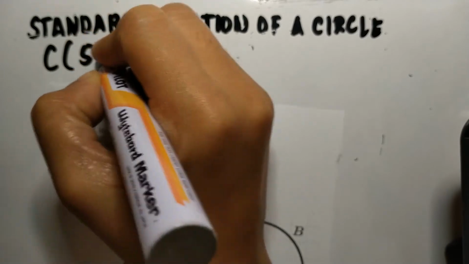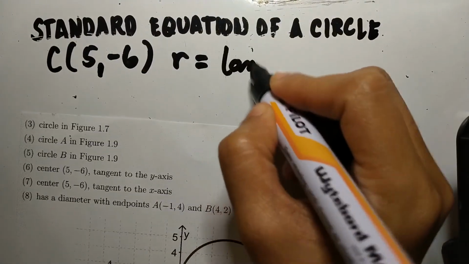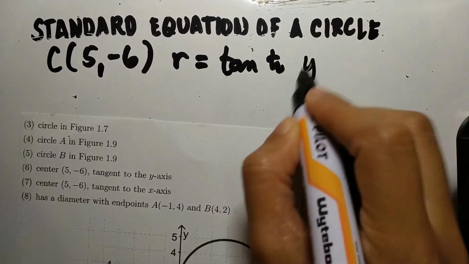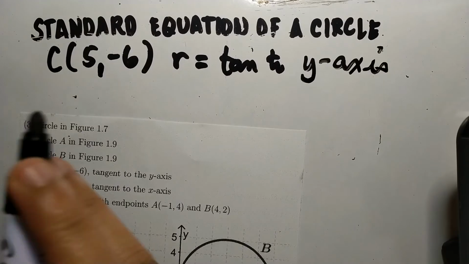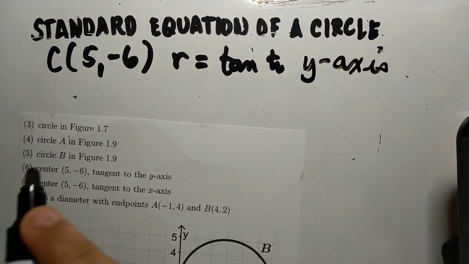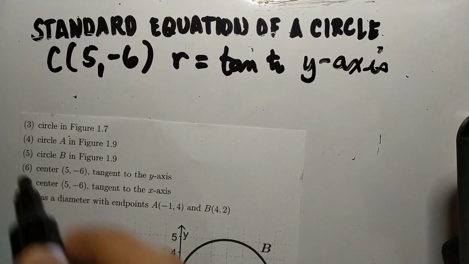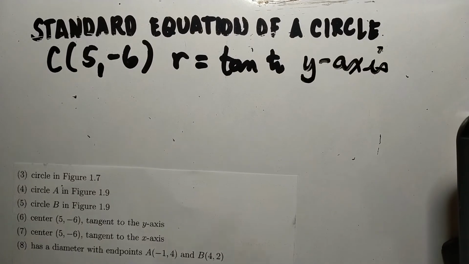Center at 5, negative 6. Radius is tangent to y-axis. Ibig sabihin, yung circle ay magta-touch yung 1 point niya sa y-axis. So, yun. 5, negative 6.